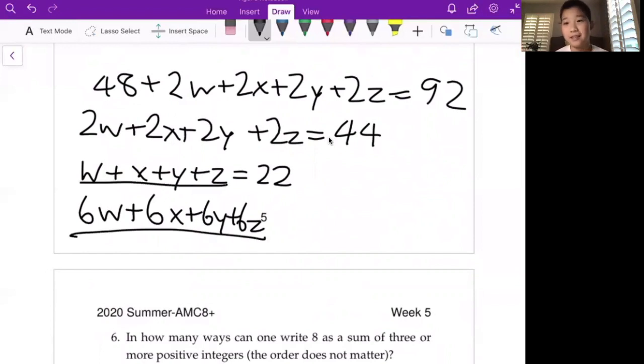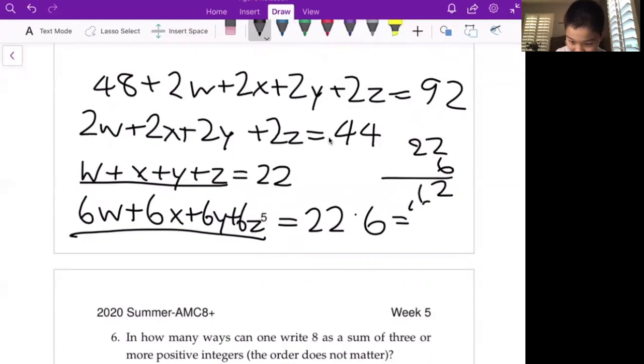It's rare we get this lucky, but in a competition problem with an answer, you have to get this lucky. Well, yeah, so we're basically done here. 22 times 6 is 132. And we're done.